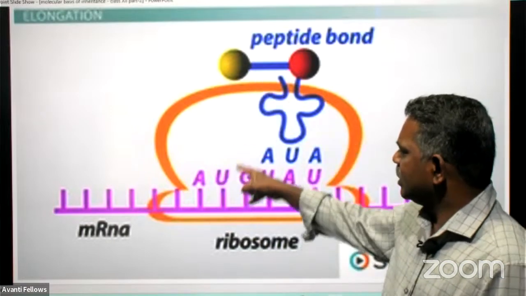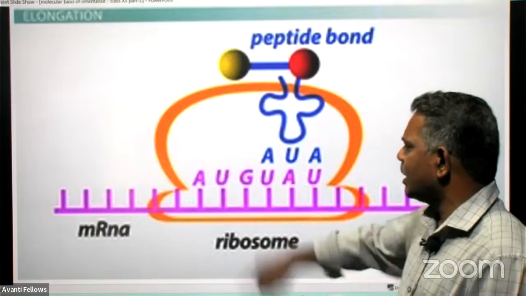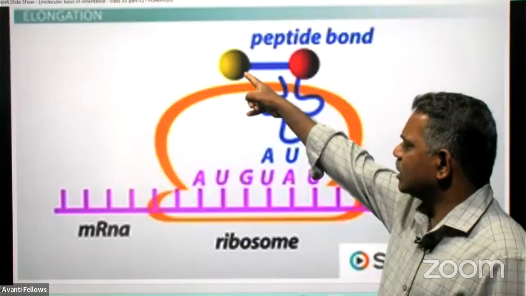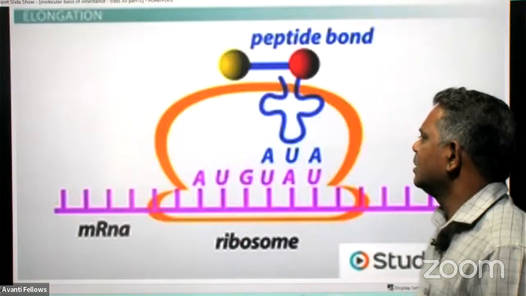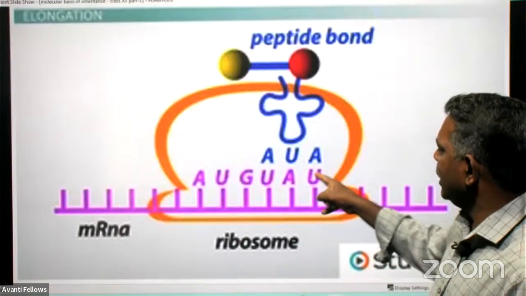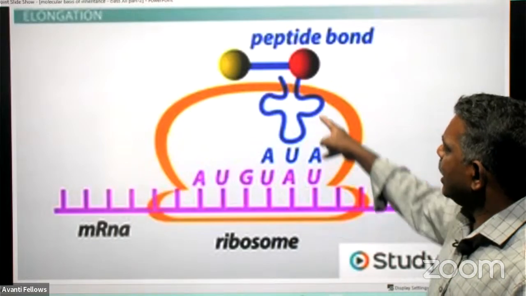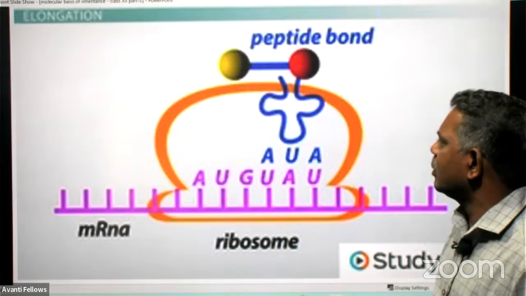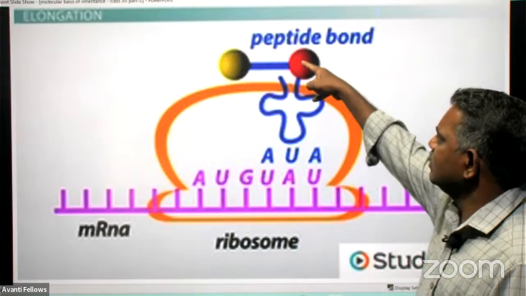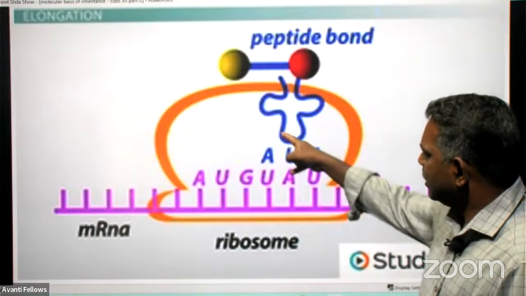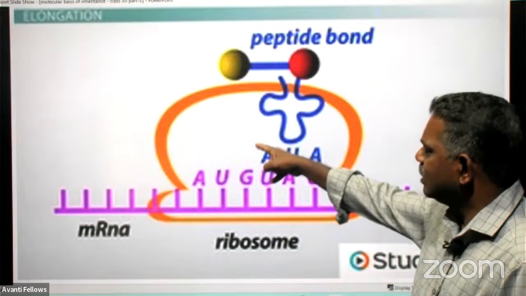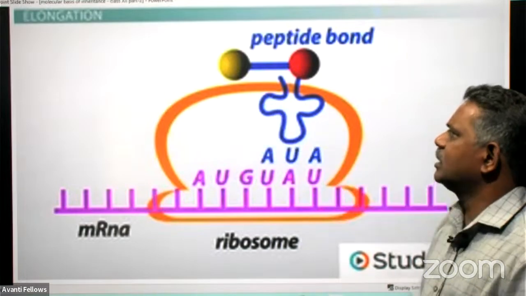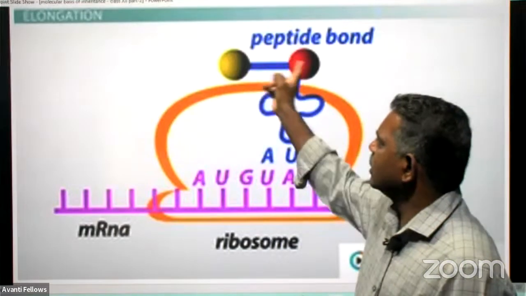So the first tRNA, having an anticodon UAC, takes that amino acid methionine and places it here, and the second codon UAU is read by the tRNA having the UAA anticodon, carrying another amino acid, and will place it here. There is an RNA here in the ribosome called as what? The rRNA, that only makes the bond.